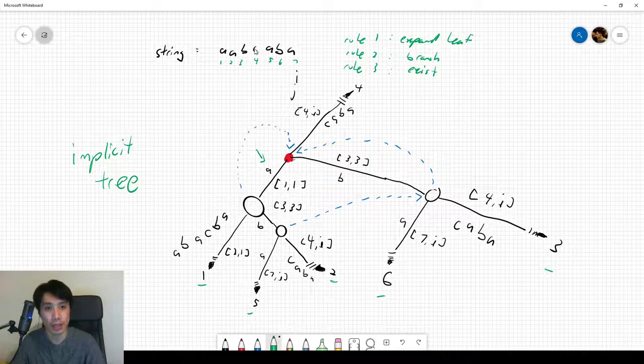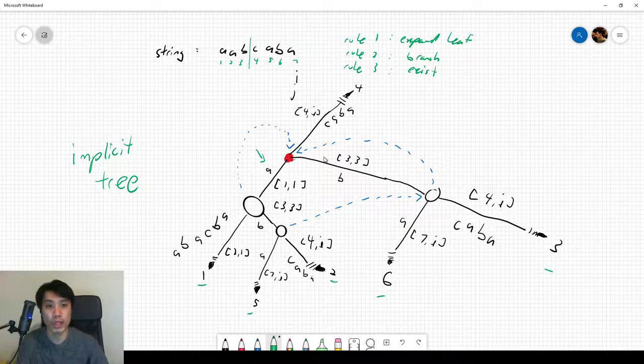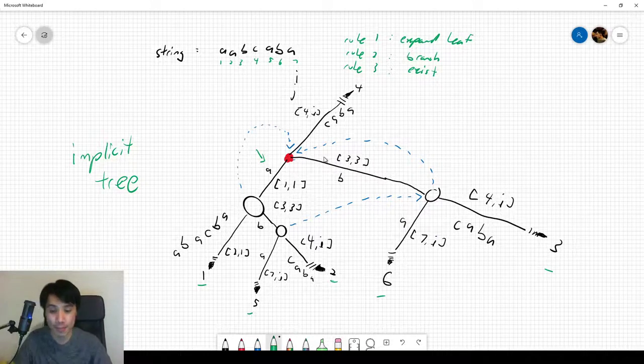My fourth suffix is C, A, B, A. So if I move from here, it will be C, A, B, A, number 4. So the numbers which I put in each time I create a leaf correspond to my suffix ID, which is what you see in your suffix tree.